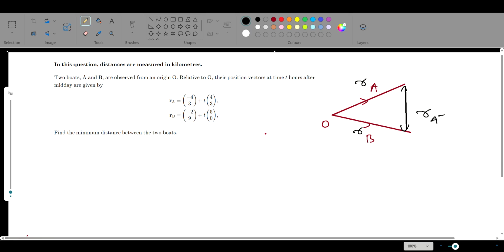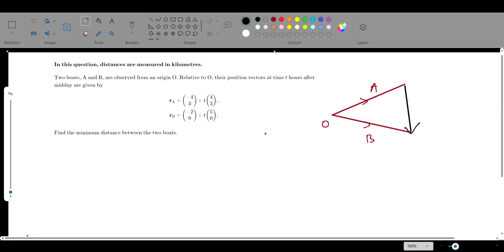Let me make it clear again. From the origin, boat A is going like this. From the origin, boat B is going like this. I need to connect these two points, and I can connect like this, or it's up to me, I can connect it the other way.